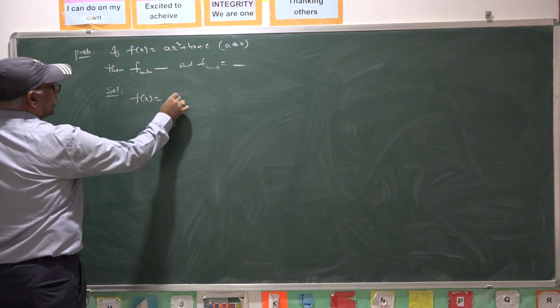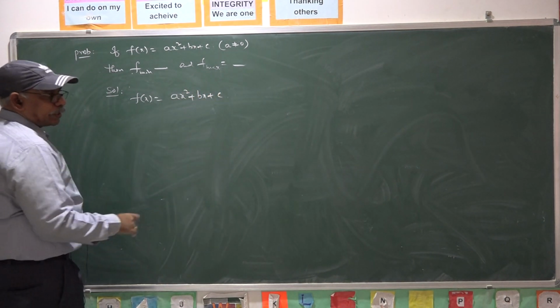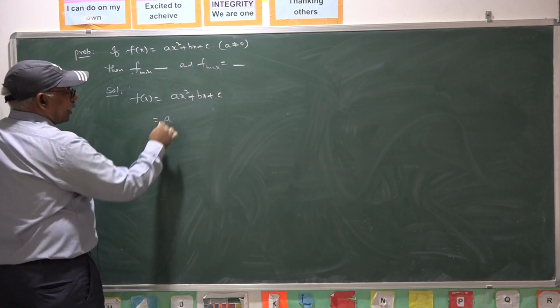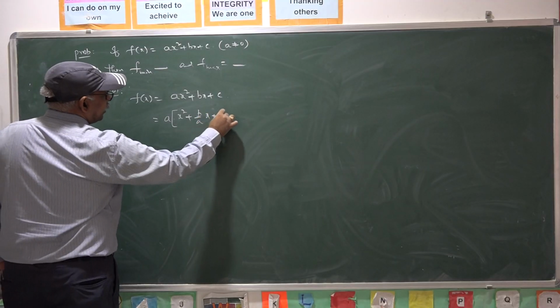Let us consider f(x) = ax² + bx + c, a quadratic function. This is a into x² + (b/a)x + c/a.